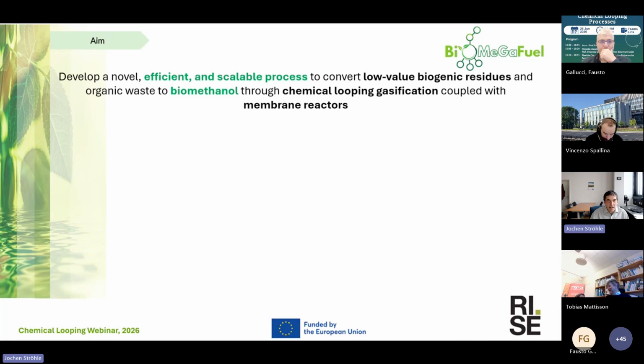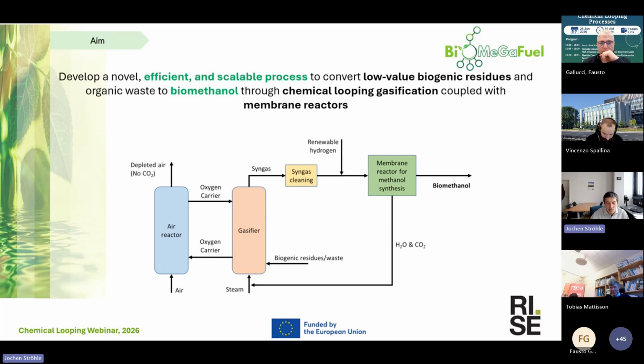What is the aim? It's to develop a novel, efficient, and scalable project to convert low-value biogenic residues and organic waste to biomethanol through chemical looping gasification coupled with membrane reactors. So here you can see a sketch of the scheme. On the left-hand side, we have a chemical looping gasification system.